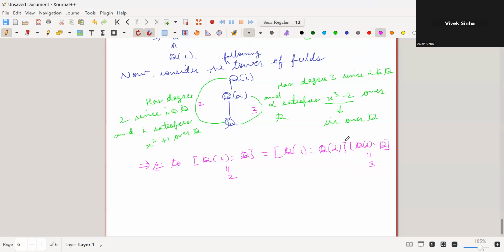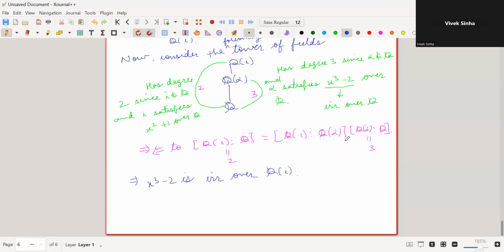So this is a contradiction, right? Hence x cube minus 2 is irreducible over Q(i) as well. Okay, so yes, clear.